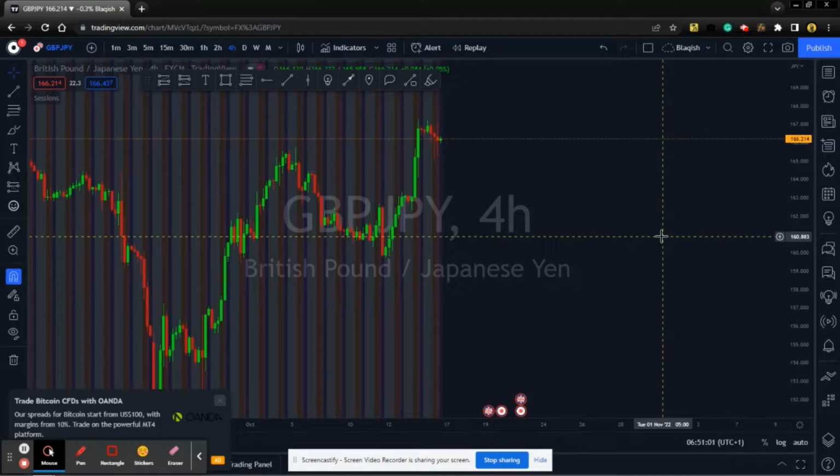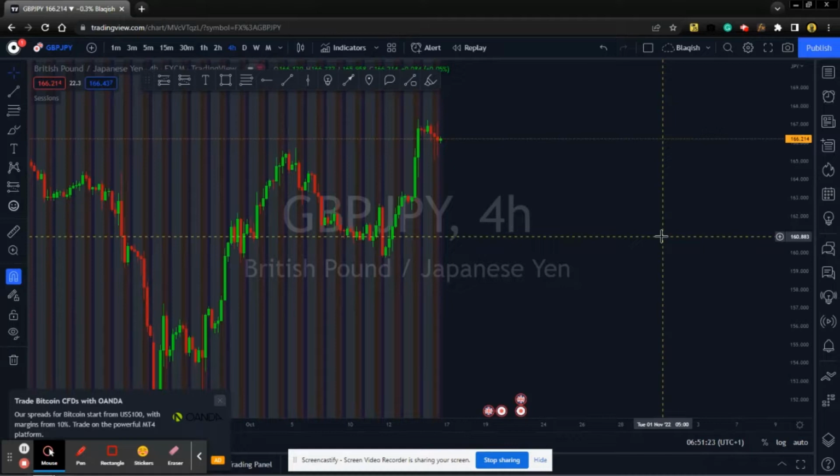First, you need to identify where the market is going. Either the market is going up, which is an uptrend, or the market is going down. The second thing is you will start on a higher time frame. Because I'm a bit of a scalper, I always start on a 4 hour time frame.